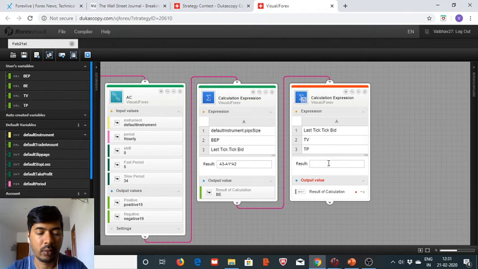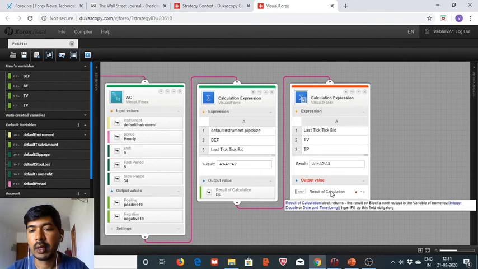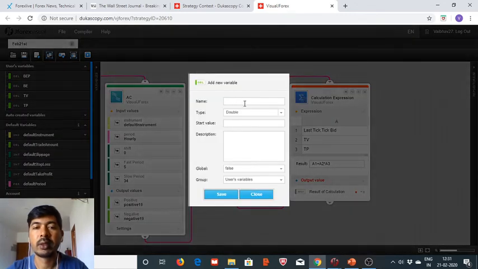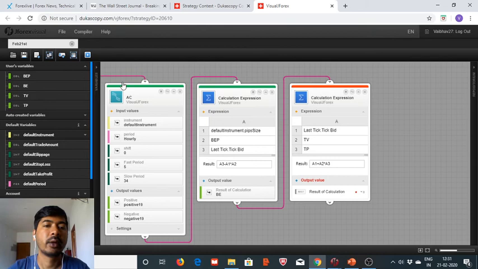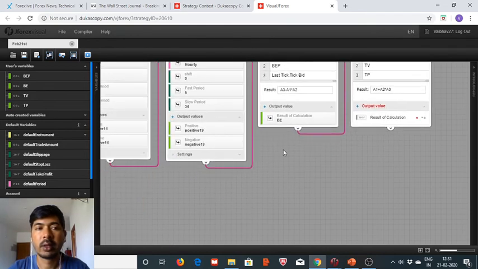So let's do it. A1 plus A2 into A3. So here we have got this product, and we will make this output as OVT.